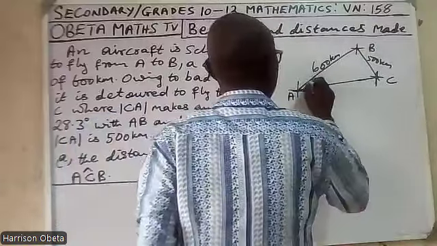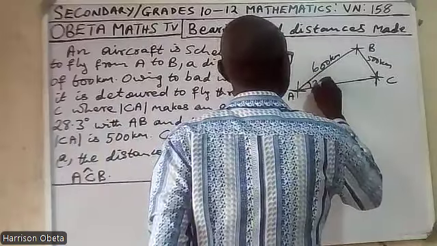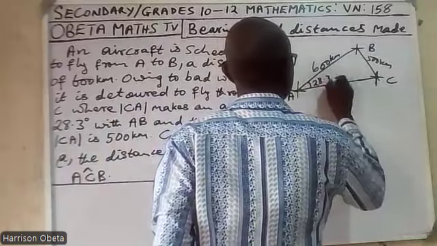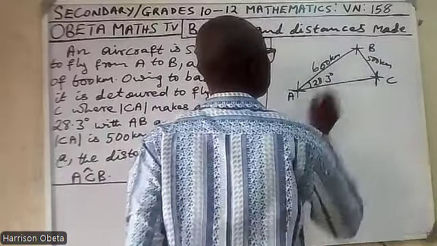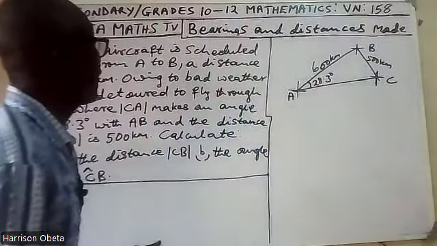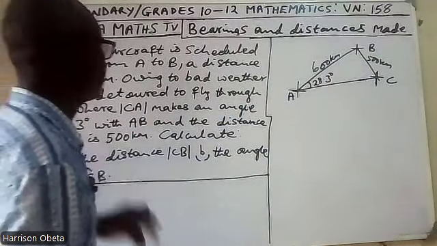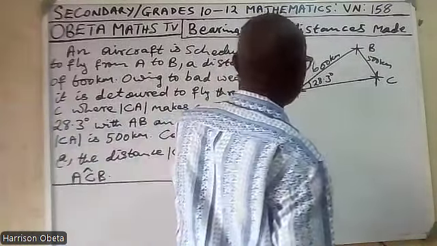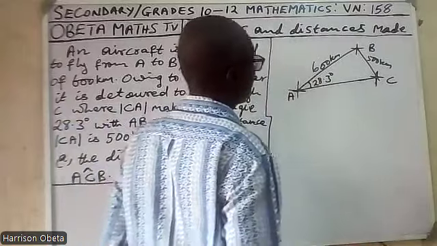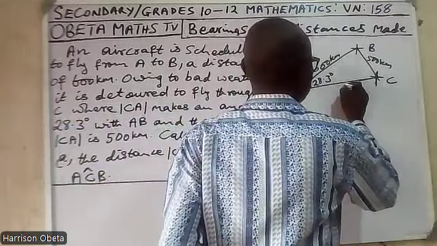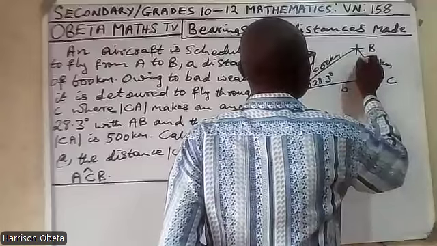Now, this is 28.3 degrees. So for us to find, first of all, CB, we have to use the cosine rule. So we are talking of B now.